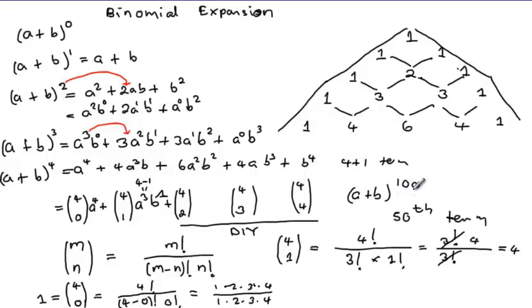Because what's going to happen here? The m is going to be my 100. What is going to be my number here? It's going to be 51. It's the 50th term. Yeah. It must be a number. Look, this is the second term.